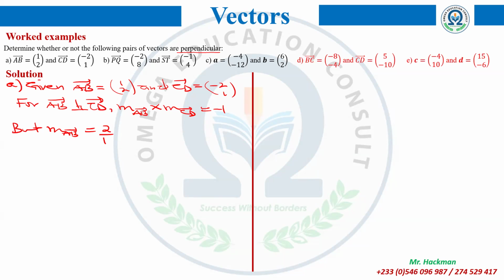Please, for vector AB to be perpendicular to vector CD, the perpendicular sign, can you write it somewhere else for me to see? Because I don't really know how to write it. Perpendicular means the lines are meeting at an angle of 90 degrees.